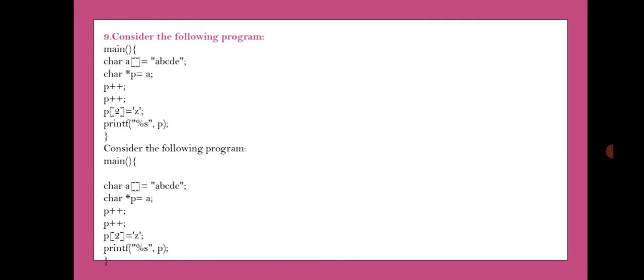So we have A, B, C, D and Z slash 0 stored in a, and p is a pointer which points to the first element a of 0, isn't it? So let's put it in a picture format, then we can easily solve this.